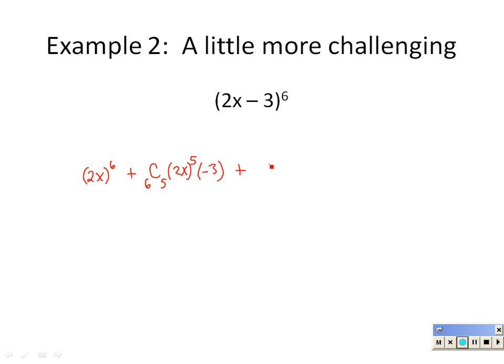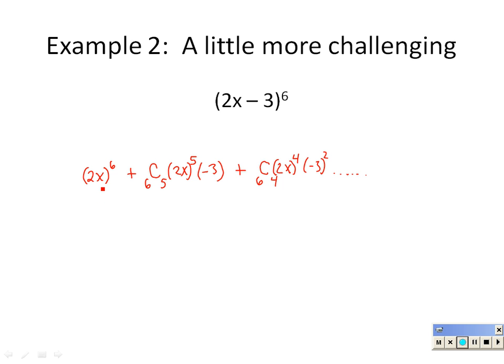So the next coefficient will be a combination of 6 with 4 because our 2x term is now going to be at the 4th power. And the negative 3 will go from the 1st power up to the 2nd power. And that's just going to keep going, but we're going to stop here at the third term because, as you can see, this gets pretty laborious. So let's just work it through and see what we get.